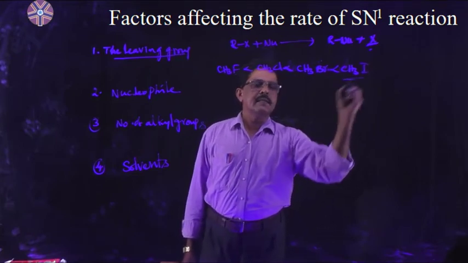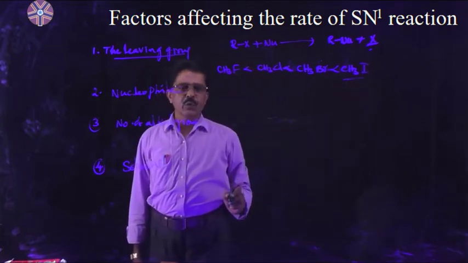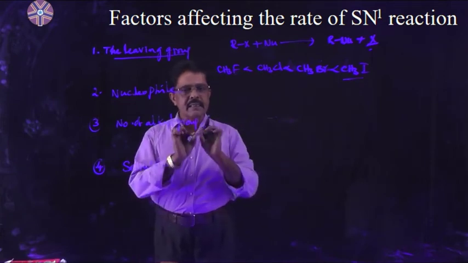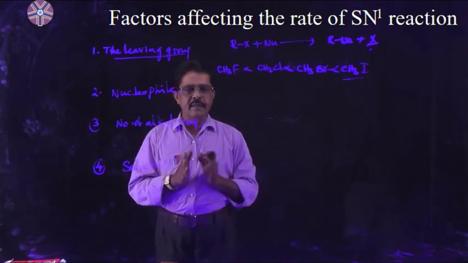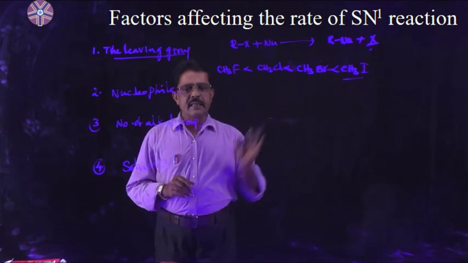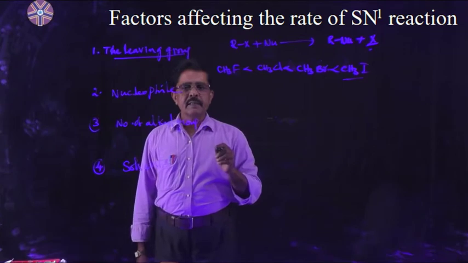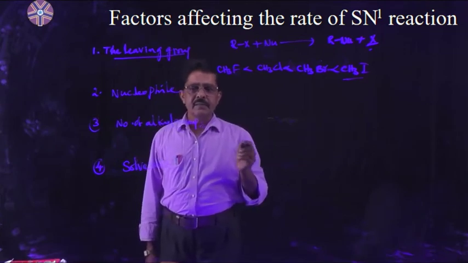So which one is the best leaving group? Iodide. Why? The C-I bond is very weak, so it is easily leavable. So a good leaving group favors the SN1 rate of reaction.